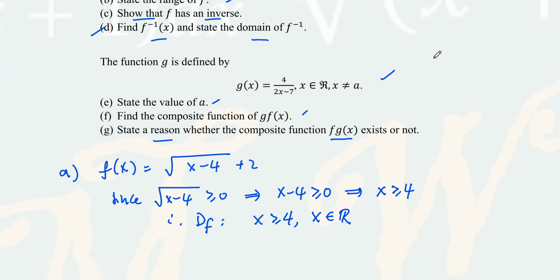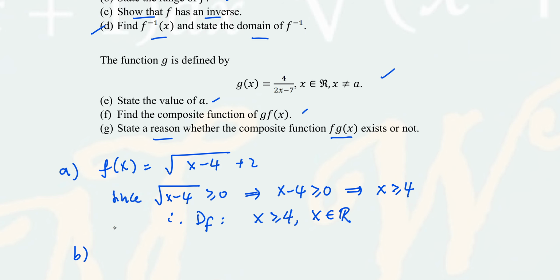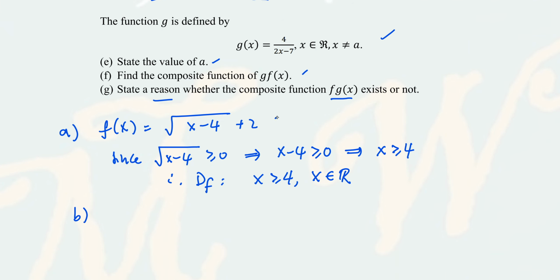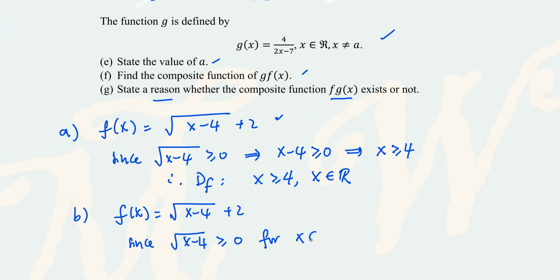Now B, state the range of f. So now, refer to this function, f(x) equals square root of x minus 4, plus 2. Since the square root of x minus 4 is at least 0 for all x values, that means the minimum of the square root is 0, so my f(x) will be at least 0 plus 2.